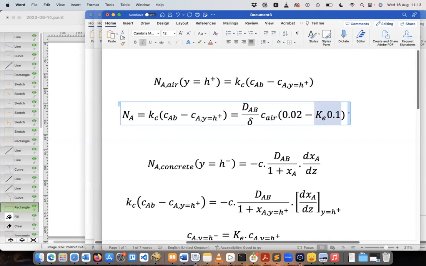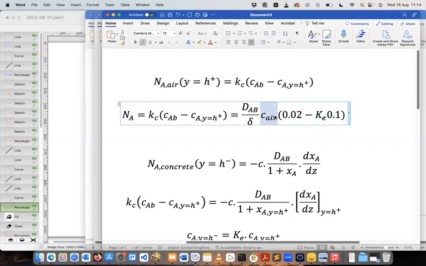And everything is specified. Your diffusivity is given, the film thickness is given. The concentration of air, you can just look that up. You can take the density of air, probably about 1.2 kilograms per cubic meter.